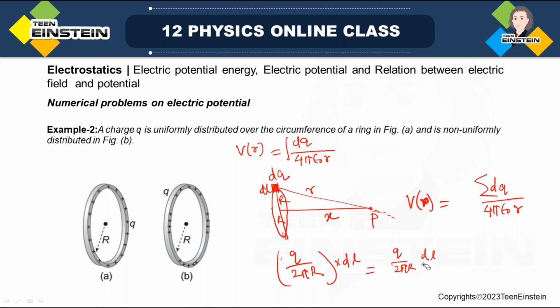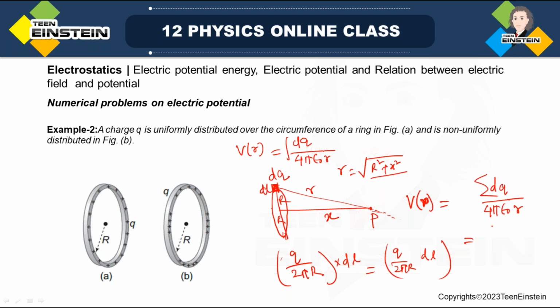In this case, this r is square root of R square plus x square. So this is also a fixed quantity. R is the radius, that is a constant value, and x is the point where we have to calculate the potential. So far so good.